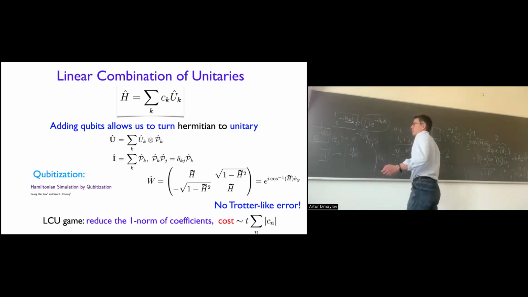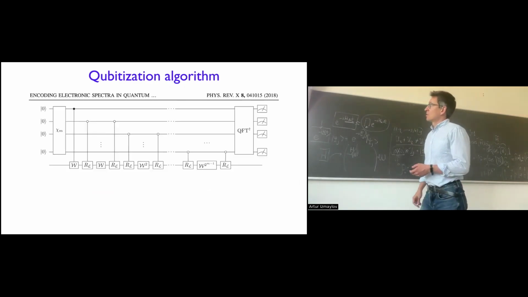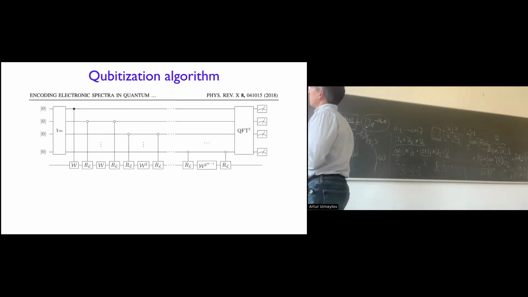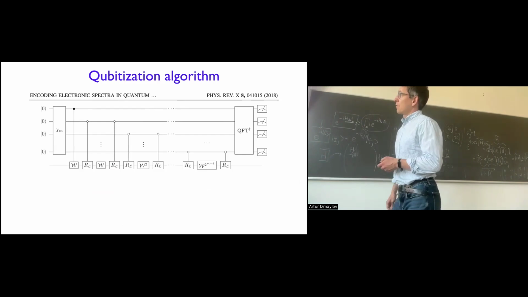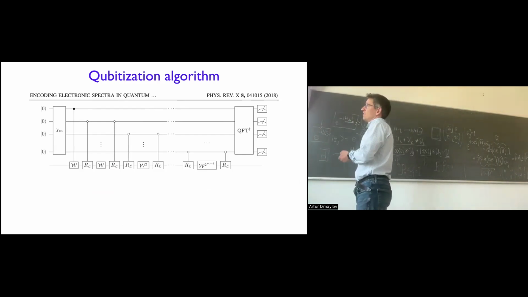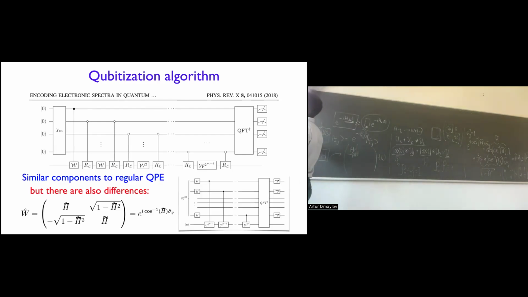Now with this, let's see. This is the circuit. As you can see, it's a 2018 paper by Google folks. And this is the circuit for the qubitization algorithm. Now, this circuit should remind you essentially of the quantum phase estimation circuit.